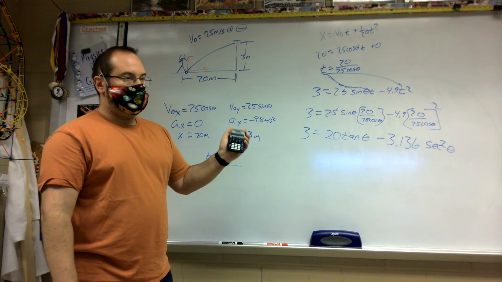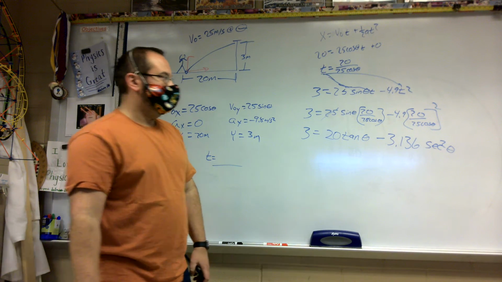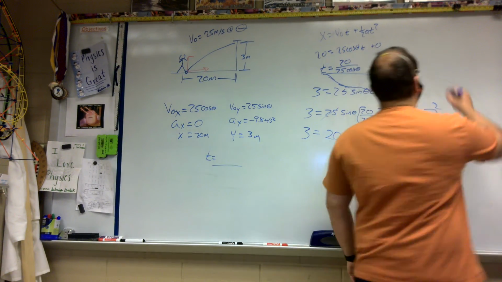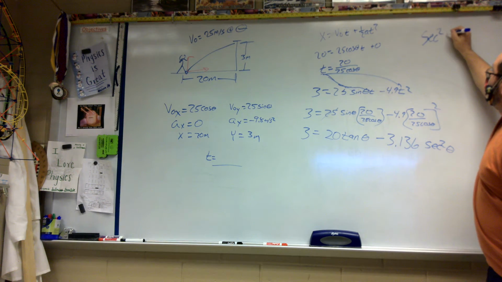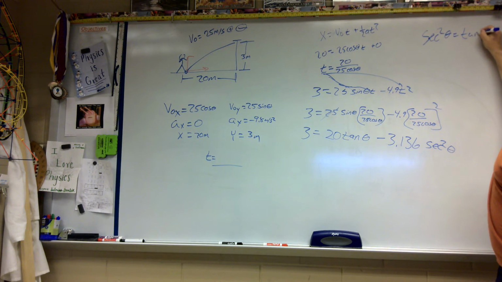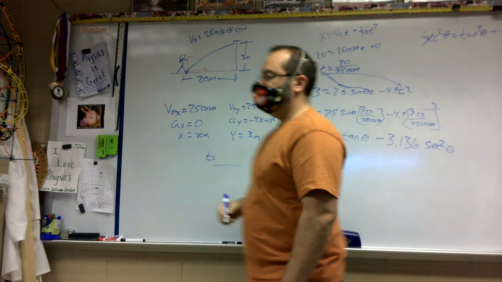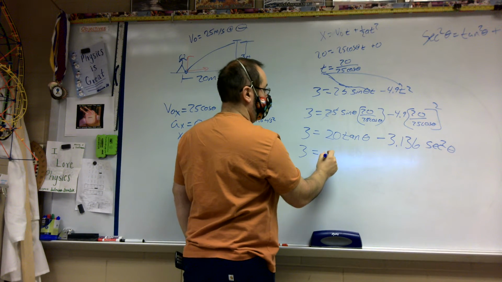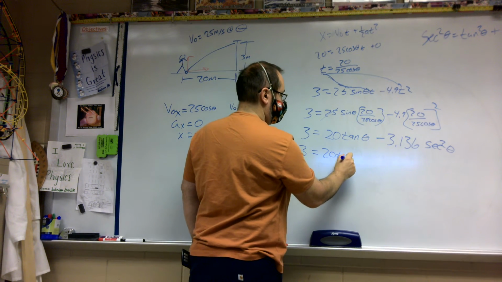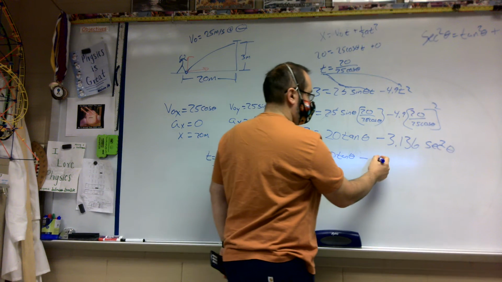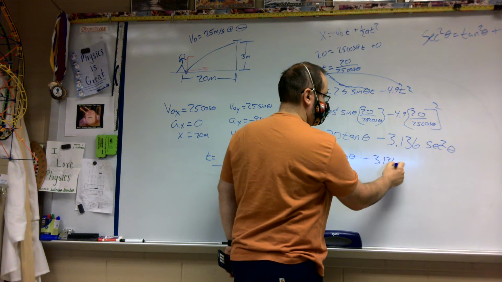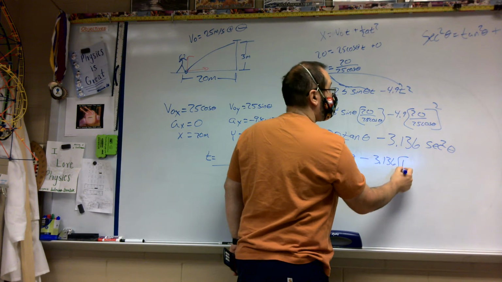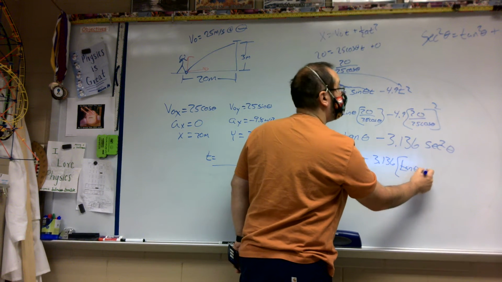We have a tangent and a secant, so we need to use a trig identity. The identity says that secant squared theta is equal to tangent squared theta plus 1. So we substitute that in: 3 is equal to 20 tangent theta minus 3.136 times tangent squared theta plus 1.